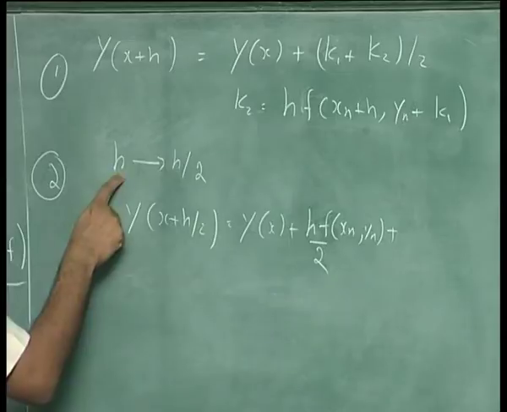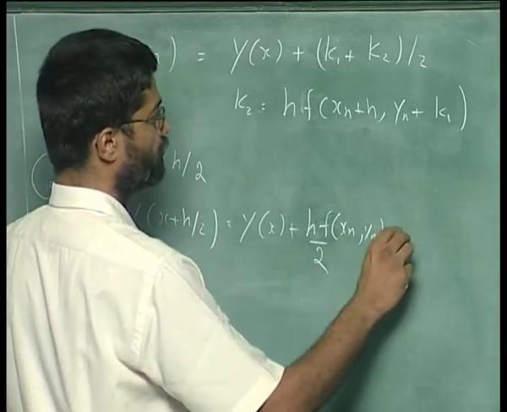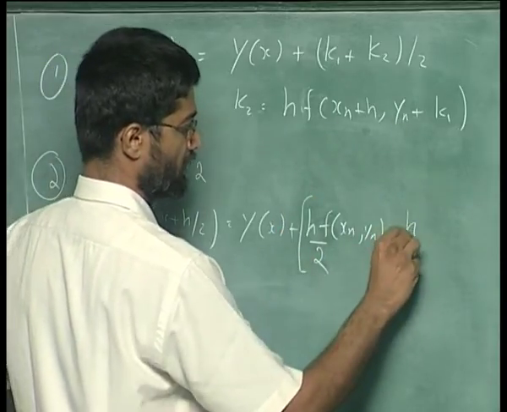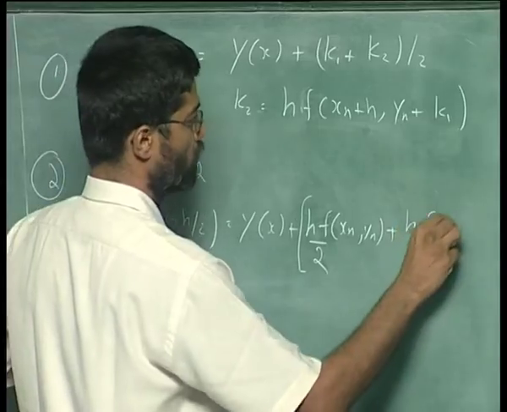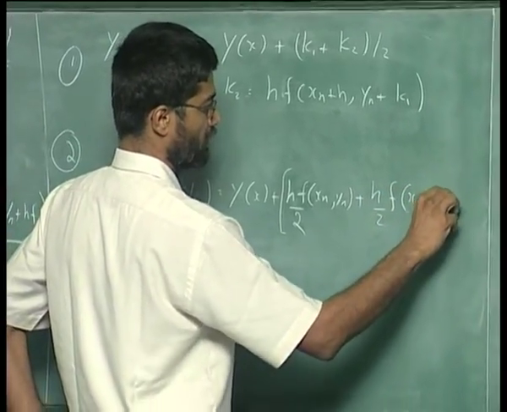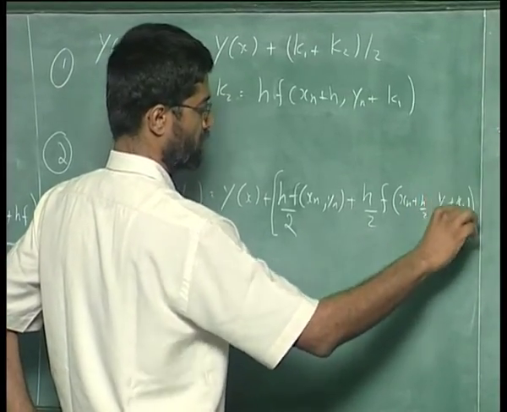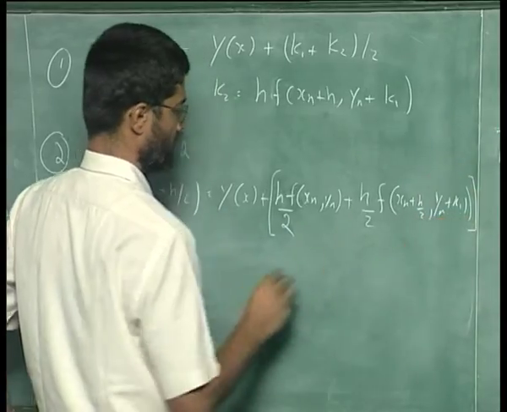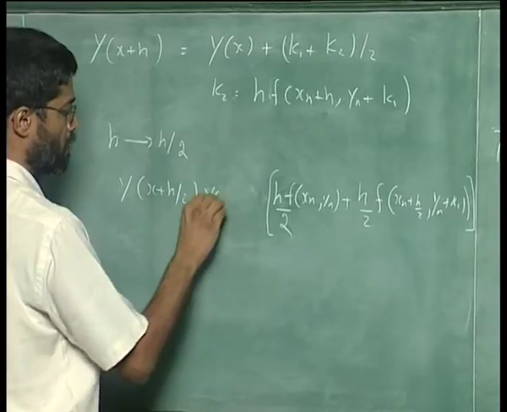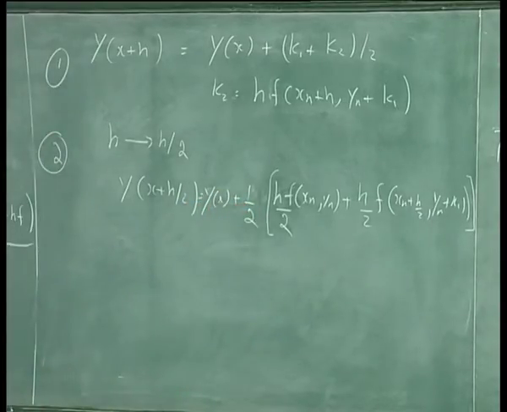Then again the function value evaluated at xn plus h by 2 and yn plus k1, and there is a half outside again. So that will be my second step.